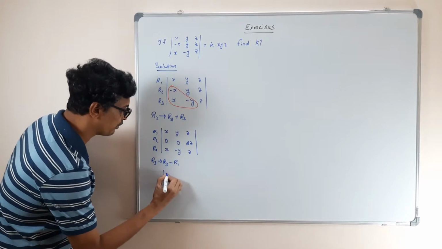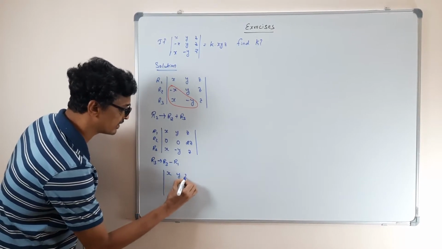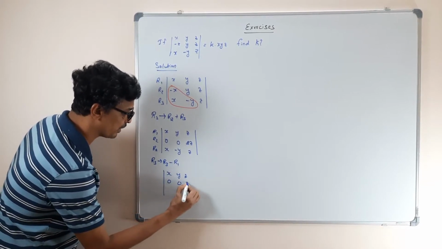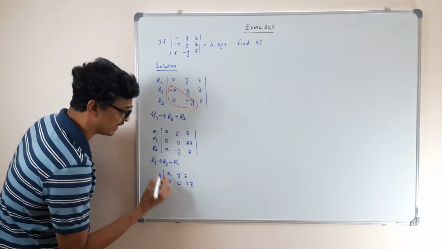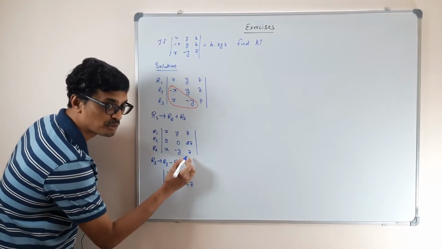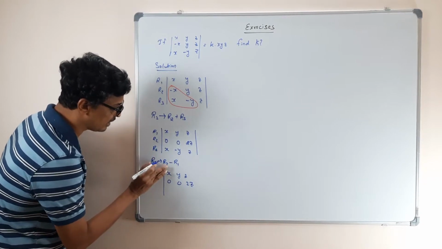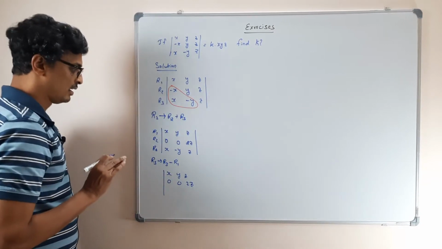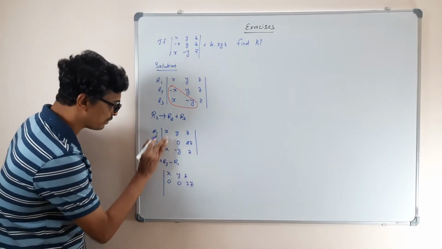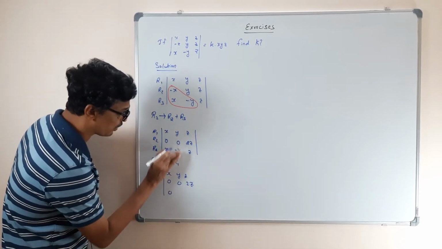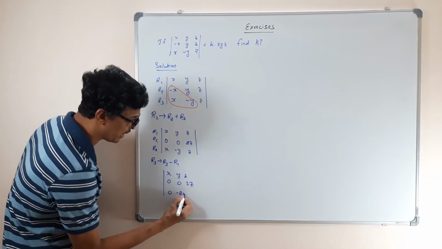R1 I am going to maintain the same, x, y, z. R2 also I am going to maintain the same. It appears this is 0, so the determinant will become 0? It won't. Check it out. Let us see. So R3 is R3 minus R1, correct? So x minus x, that is 0. Minus y, it makes minus 2y. Okay?